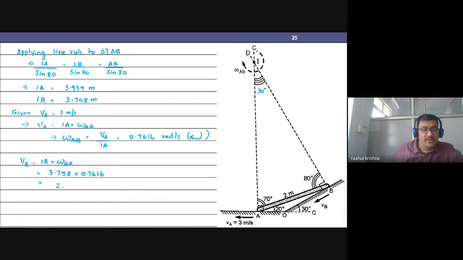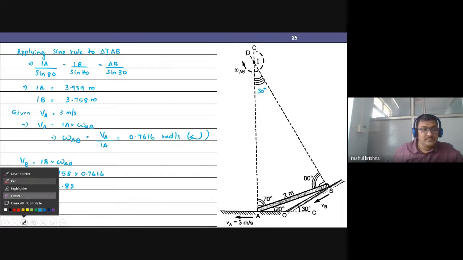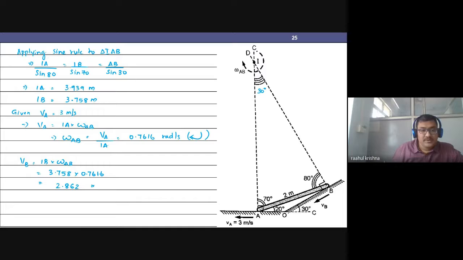So VB I am getting as 2.862 meters per second. And VB in direction is downwards.